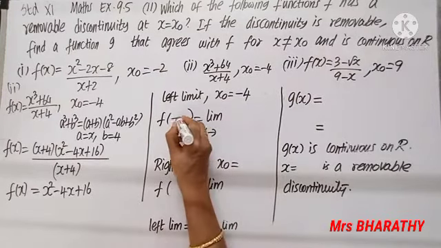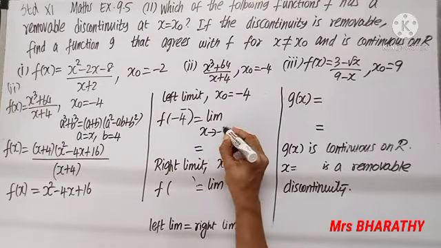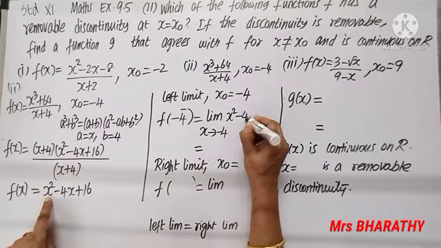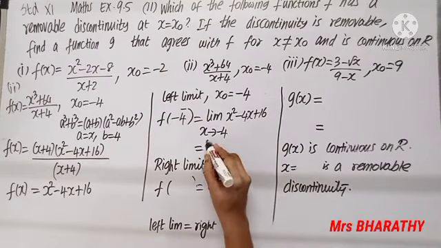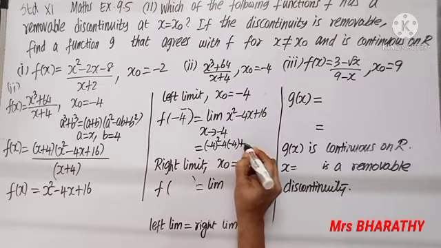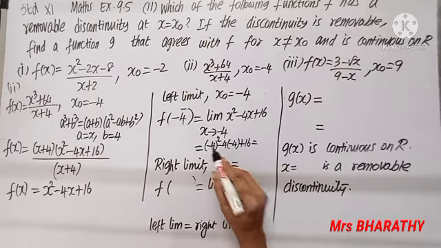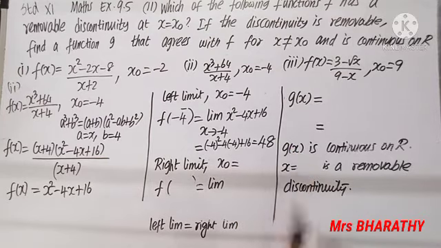To find the left limit, my question is at minus 4. That is f of minus 4 minus, limit x tends to minus 4. The value is x square minus 4x plus 16. As we put minus 4 square, minus 4 into minus 4, plus 16. It is 16 plus 16 plus 16, that is 48.